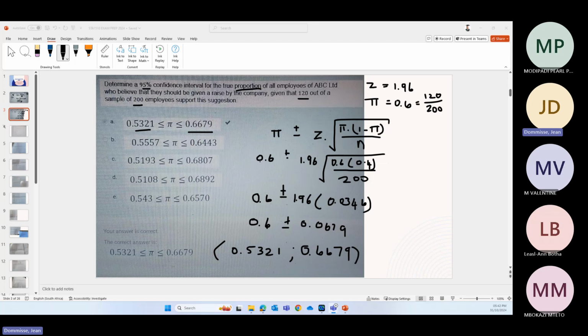So we've got the formula where we can replace everything with values. If we work it out, we get option A as the answer. Okay, so that is the confidence interval of a proportion. This one was out of study unit 8.